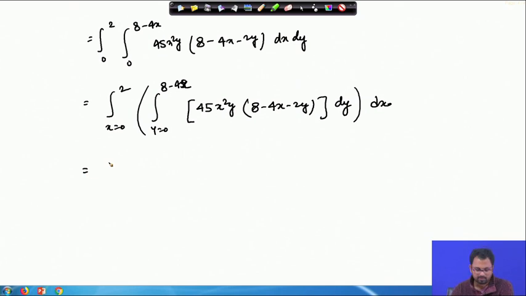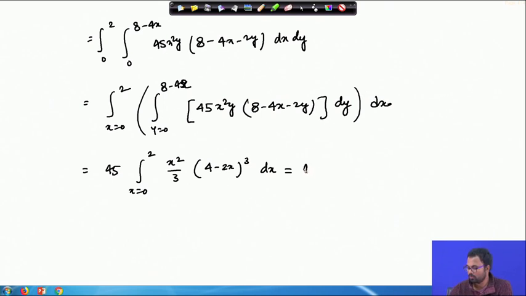Everything is pretty straightforward, and ultimately we will obtain 45 times the integral with x running from 0 to 2 of x square by 3 times (4 minus 2x) whole to the power 3 dx, and when we integrate with respect to x, this whole thing will reduce to 128. So, the required answer is 128.